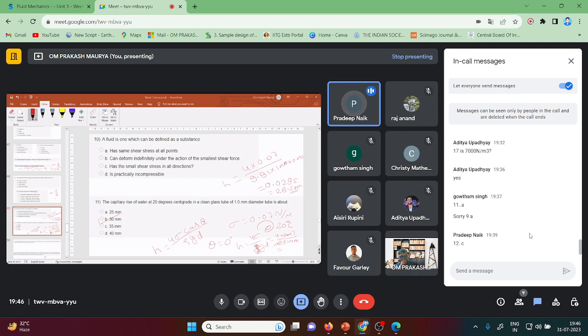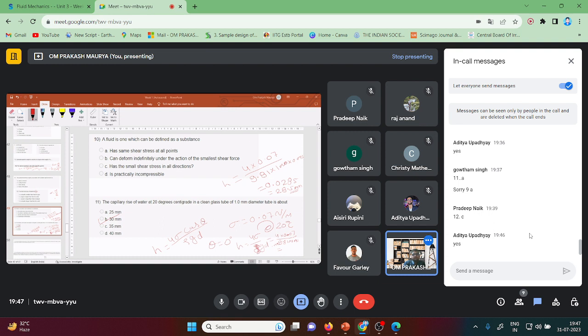The diameter is already given in millimeters, so you have to convert to meters, 0.001. The surface tension value is a standard value you know already, in Newton per meter. Also 9.81 is in meter per second squared.